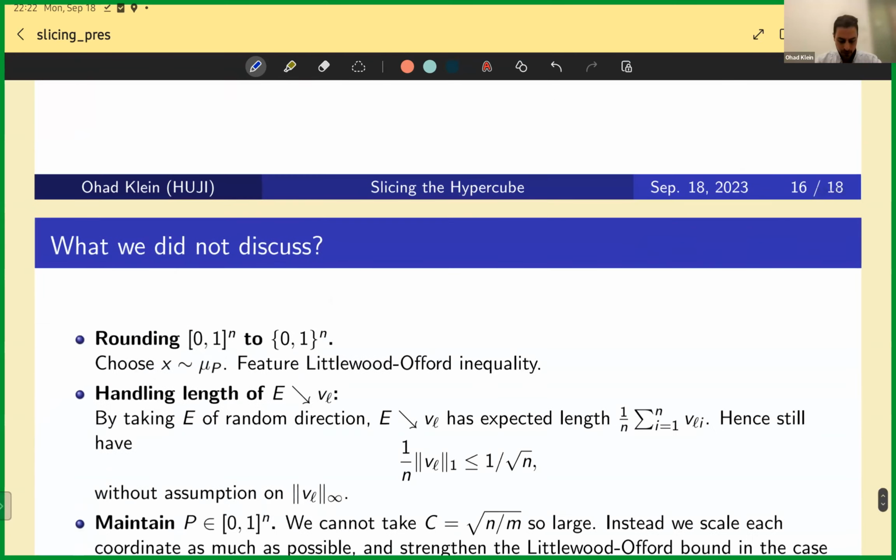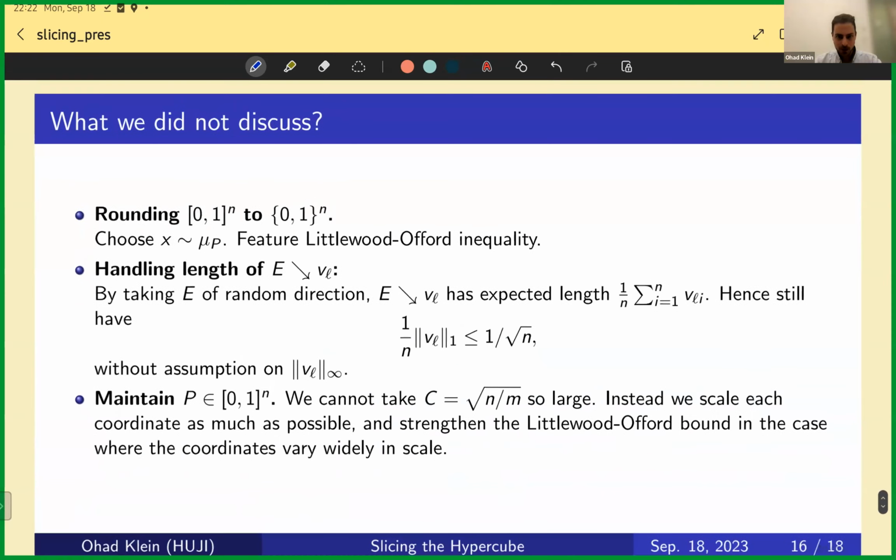And lastly, the most important thing that we did not discuss is, again, this problem of the L infinity norm of V_L being large. If the L infinity norm is large, we cannot use such a large constant C as we used here.